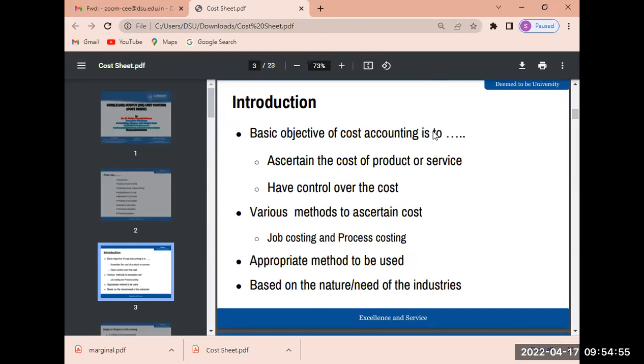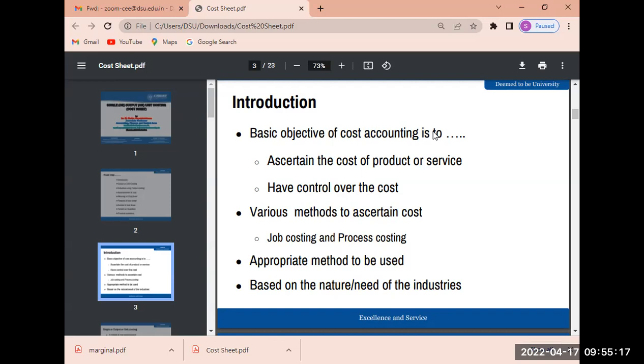Process costing, we have a technique called process costing. This technique of ascertainment of cost can be applied only to those industries which do their production in several processes, like oil refineries and textile. These are the industries where they do production in processes.